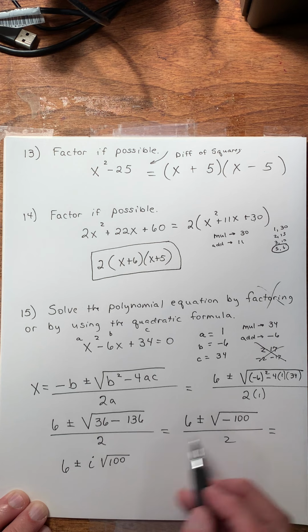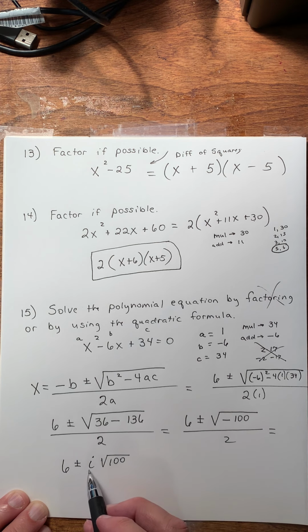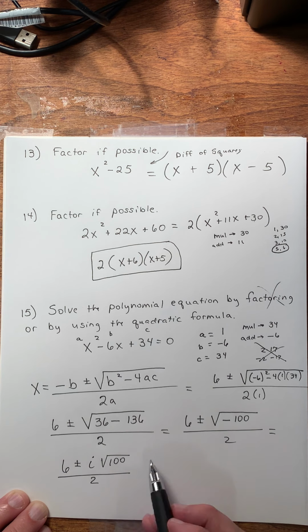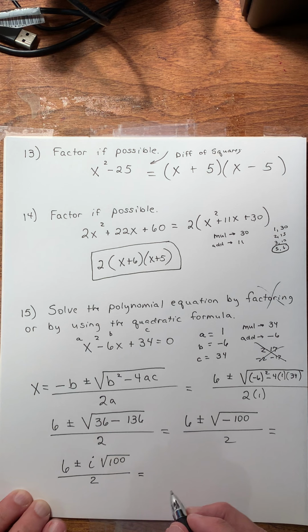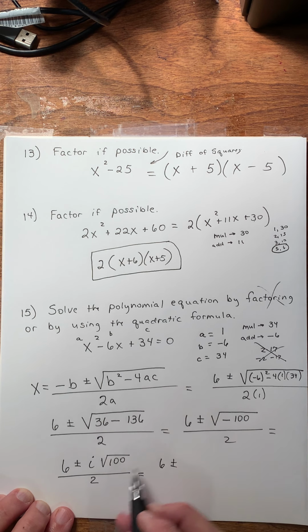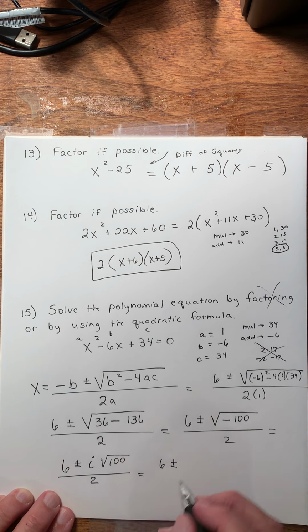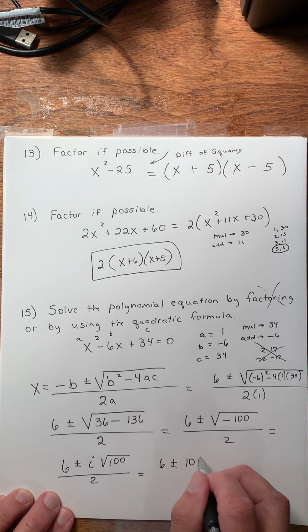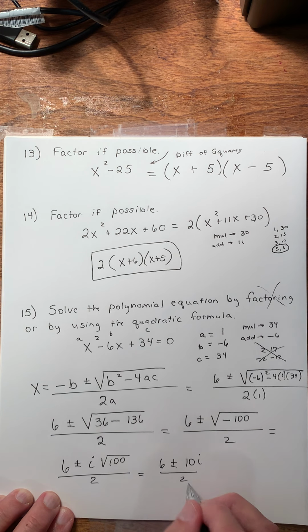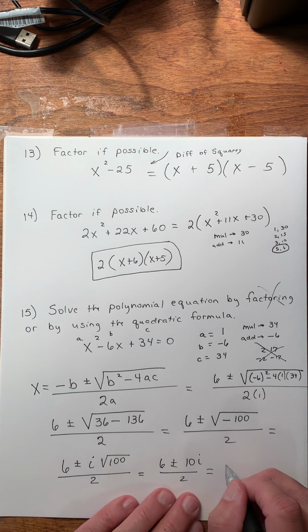The square root of a negative 1 becomes the i. And by the way, you can do this in fewer steps than I'm doing. I'm taking it slow here. Square root of 100 is 10. Look at that. Everything's divisible by 2. So divide 2 into that, 2 into that.